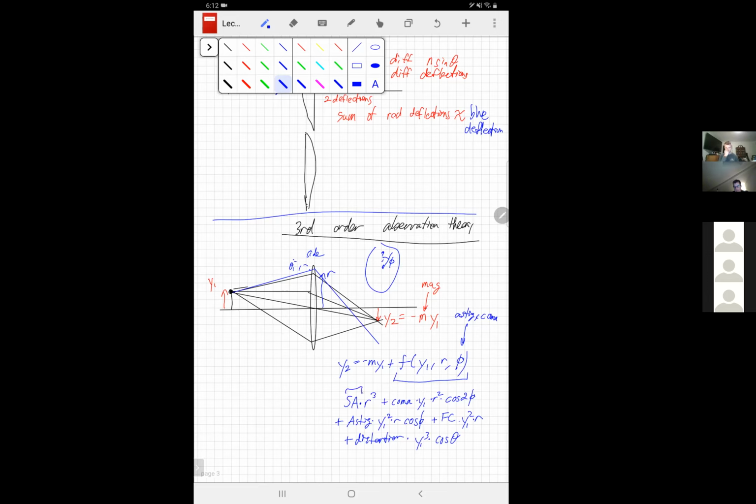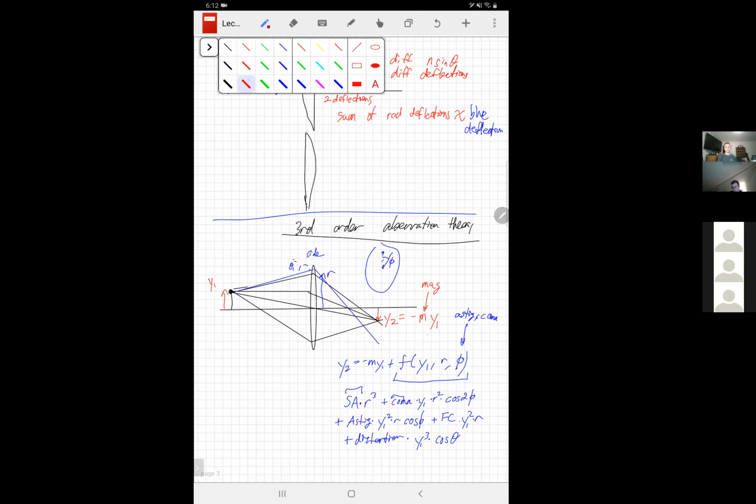And what this thing I'm calling SA, it's a very complicated term that depends on the radii of curvature of the two sides. It depends on the refractive index. It depends on the thickness. Same thing for the coma. All of these wind up being really ugly terms. That's all they could do, so they did that. And they gave these terms names reflecting the physical phenomena that they give rise to.